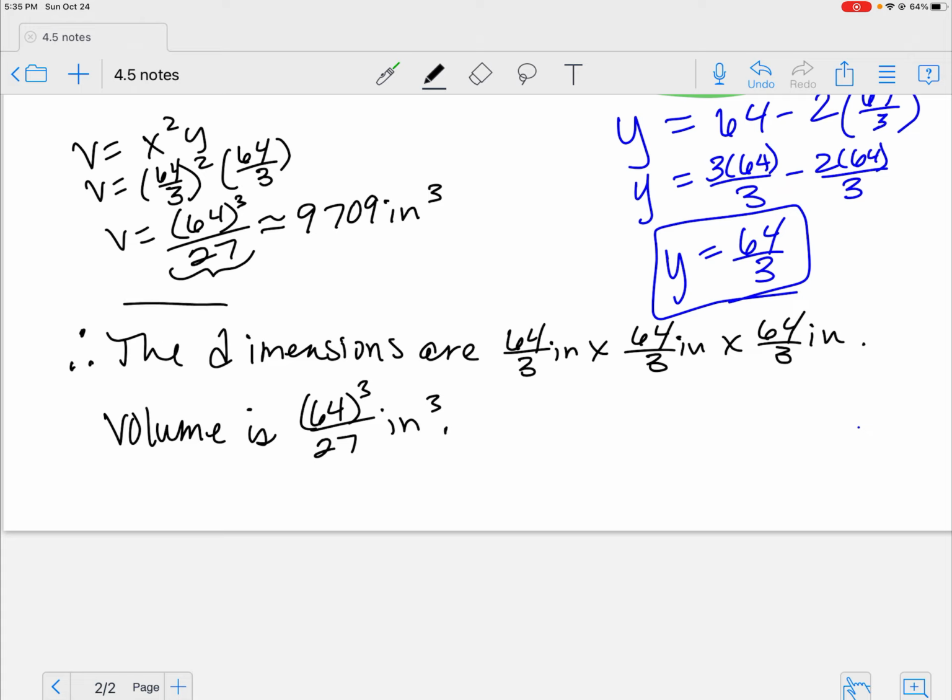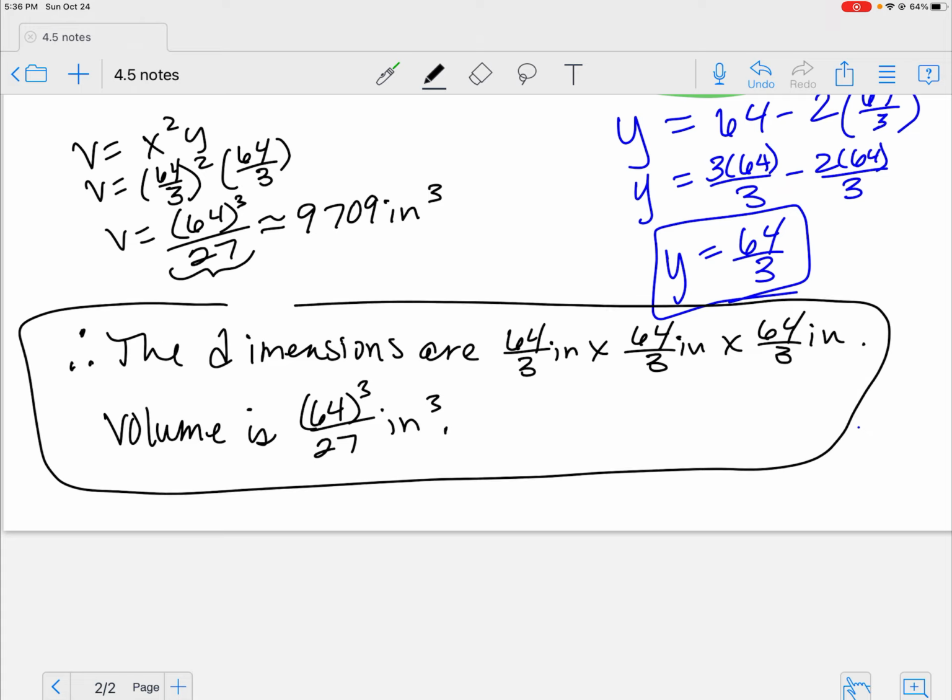That would be okay. Just because that doesn't make a whole lot of sense. It makes more sense to say that my volume is 9,709 inches cubed in reality, right? So you would have a calculator for that. If you were doing these problems in real life, you would have that calculator. My job is to put tools in your toolbox, and here are tools of how to find optimization.